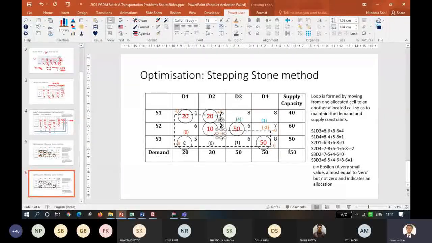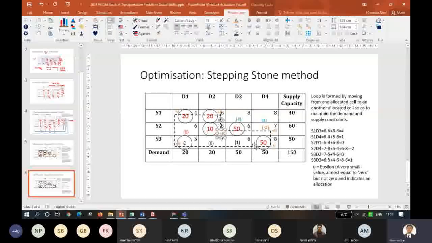At that time we were only moving one unit. Now I am trying to move the maximum number of units, represented by theta, and none of my values should become negative. That means no allocation should become negative if I subtract something from it.